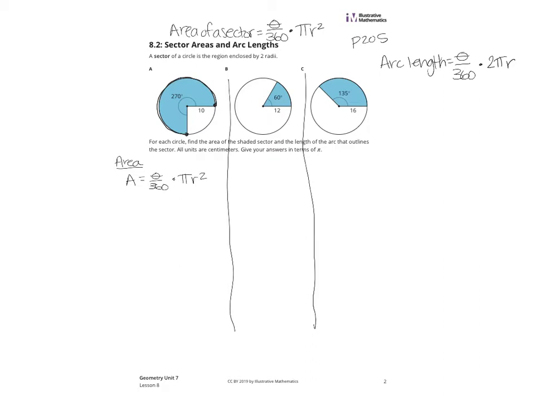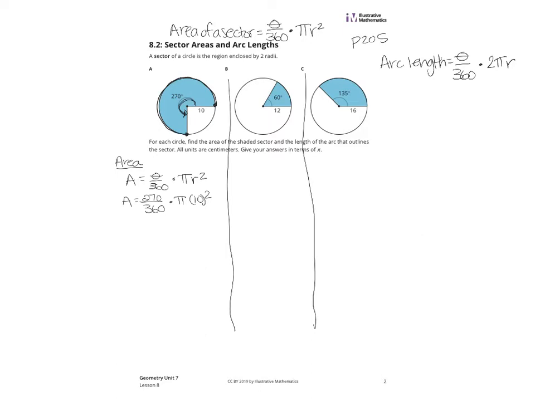So theta is 270 degrees. From the beginning radius to the ending radius is 270 total degrees. So my area is equal to 270 divided by 360 times pi times my radius, 10, squared.